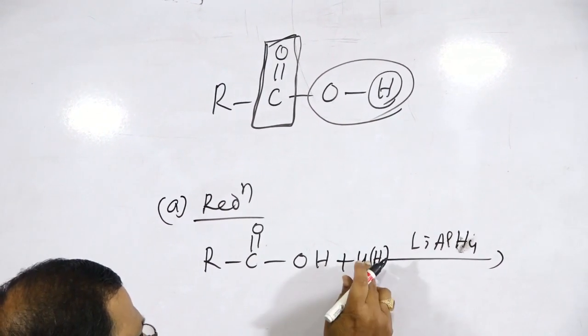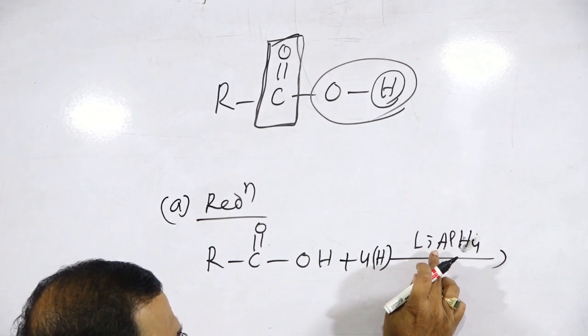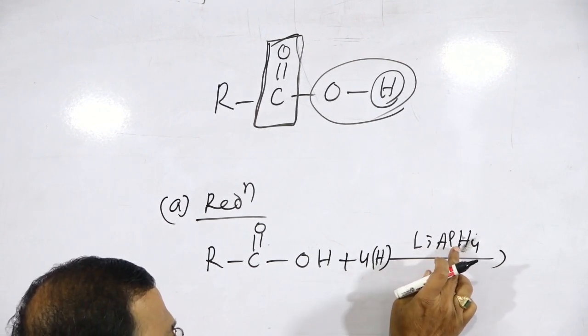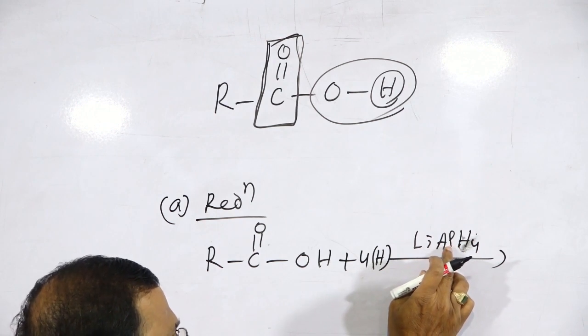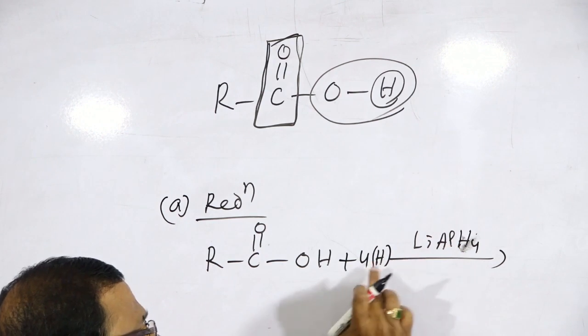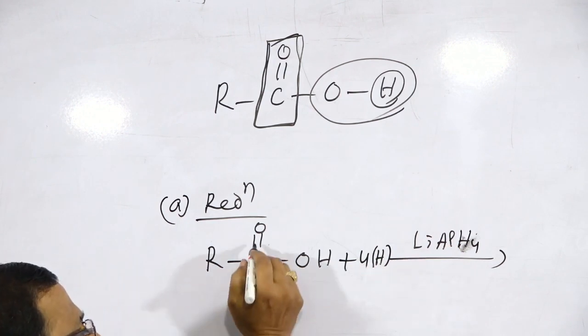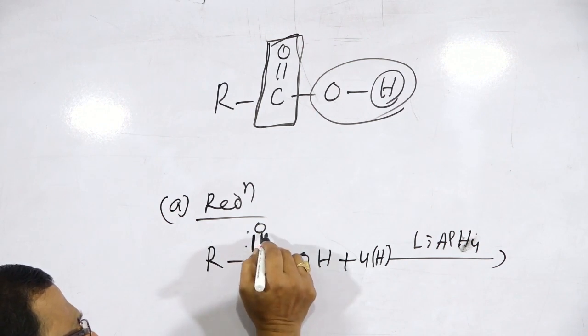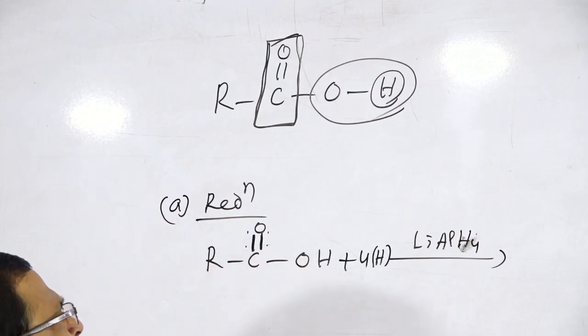These four hydrogen atoms are provided by this reducing agent, lithium aluminum hydride. Lithium aluminum hydride acts as a reducing agent that helps in the addition of hydrogen. So this bond will break by the addition of hydrogen, and this bond again breaks by the addition of hydrogen atom. Then what will be the product?